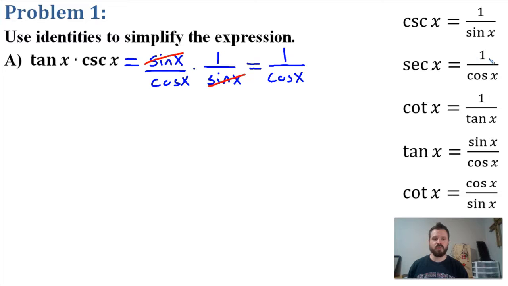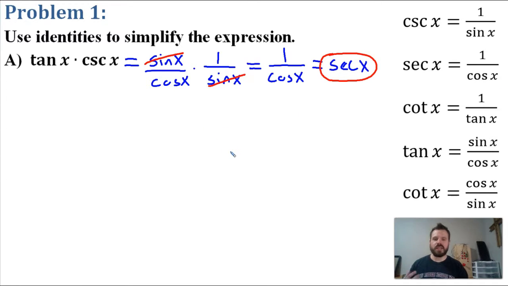Rather than saying just 1 over cosine x, we can call this secant x. That is my answer. That is what the expression reduces down to, a secant x.